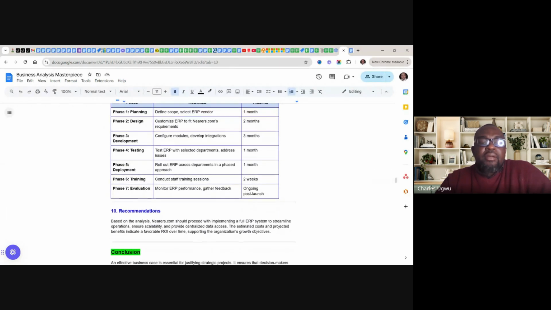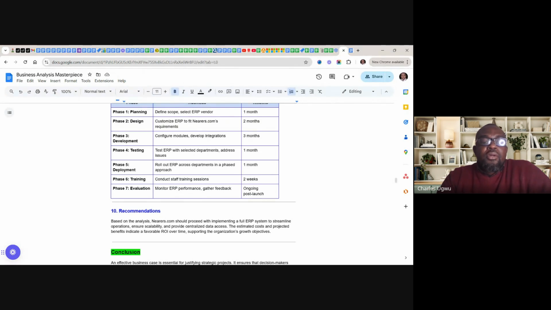And then recommendation, which is the last component. After everything, you must capture this last component, which is recommendation.